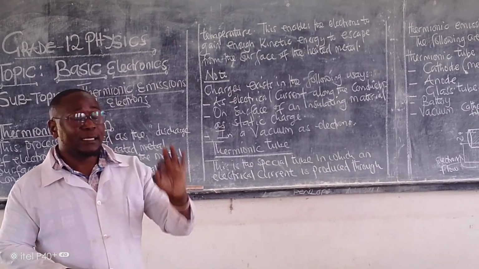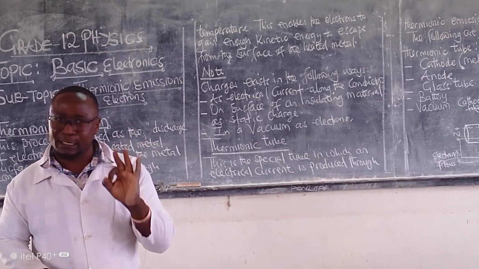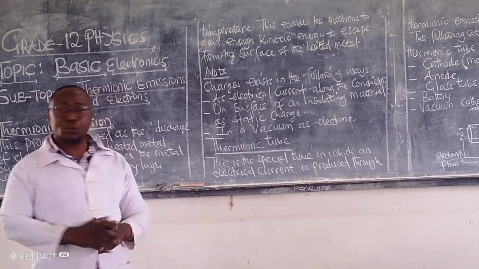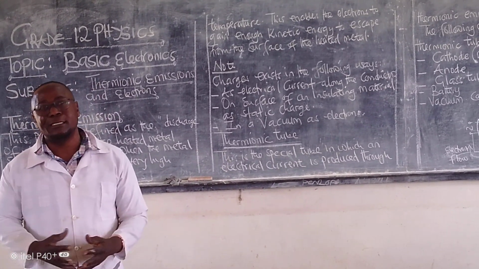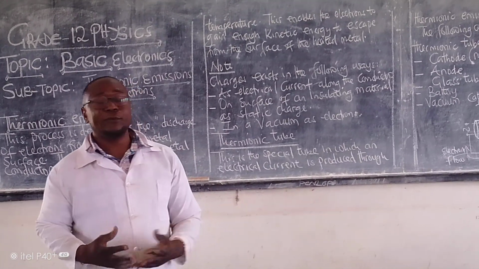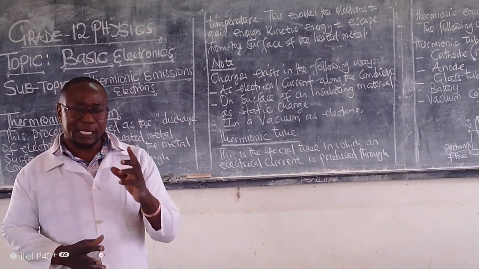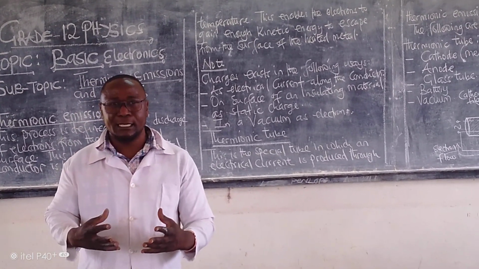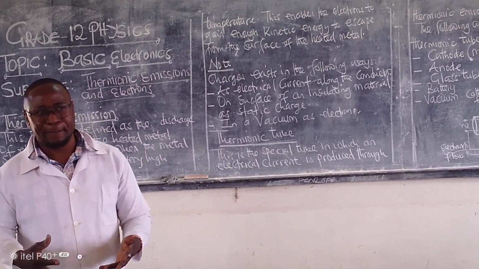Basically, there are three ways in which charges exist. One, charges can exist as electrical current as they move or flow through a conductor.